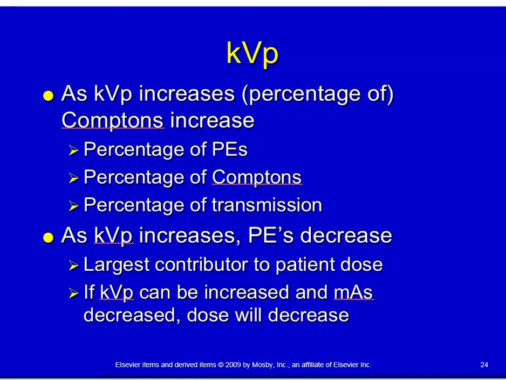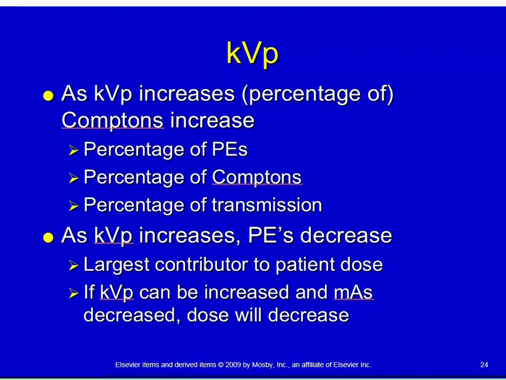All right, so percentages of PEs decrease, but absolute number increases. Percentage of Comptons, on the other hand, remains pretty consistent throughout the exposure. That's percentage, but the absolute number of Comptons increases dramatically, and the percentage of transmission again increases according to the chart 2 slides prior to this one.